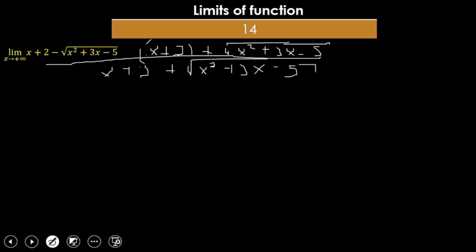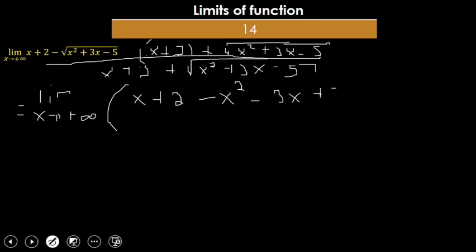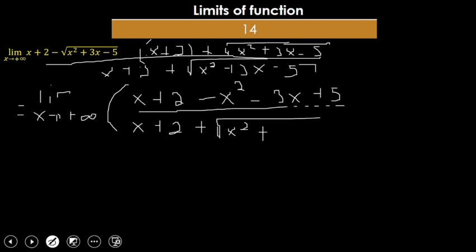Okay, same thing. That will be equal to limit as x tends to plus infinity of x plus 2, sorry, x plus 2 squared minus x squared minus 3x plus 5, all over x plus 2 plus square root of x squared plus 3x minus 5.